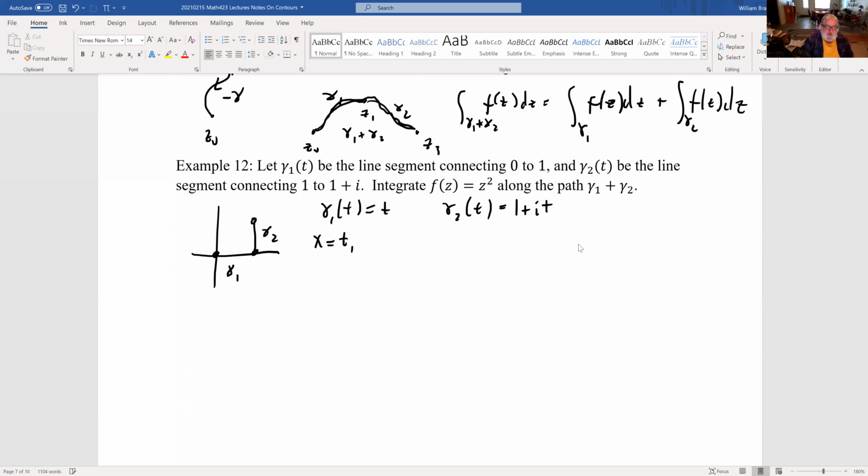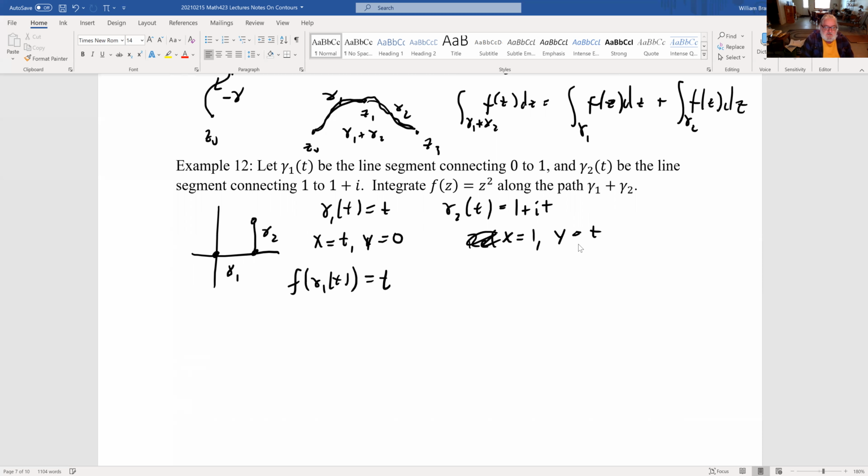For this, the real part is t. The imaginary part is 0. For this one, the real part is x, which is 1, and the imaginary part, which is y, is t. So what is f of gamma 1 of t?